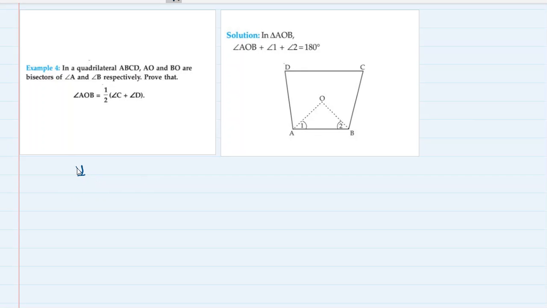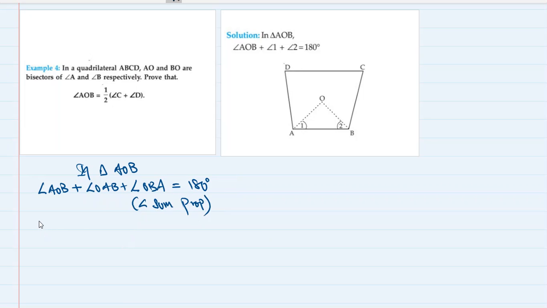Now see, in triangle AOB, angle AOB plus angle OAB plus angle OBA is equal to 180 degree. Why? Angle sum property of a triangle.